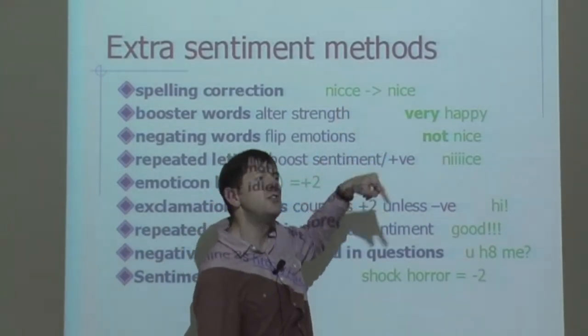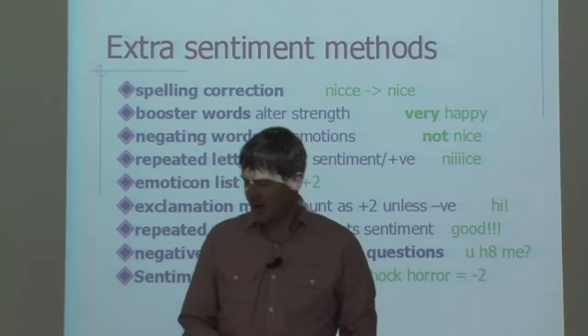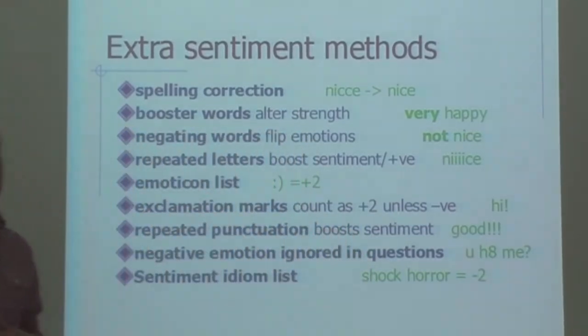You have to have at least 2 extra letters to get the boost. And we have that rule because from testing, it seems that most people recognize that 1 extra letter is probably a spelling mistake, whereas 2 extra letters is probably a deliberate addition of letters, meaning that it's probably increasing the sentiment.